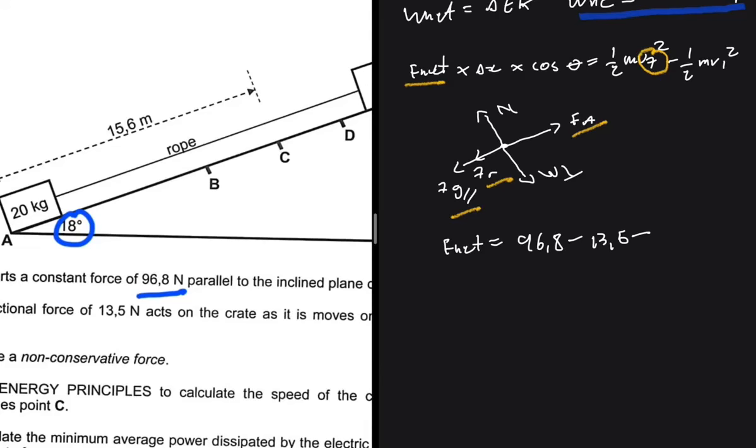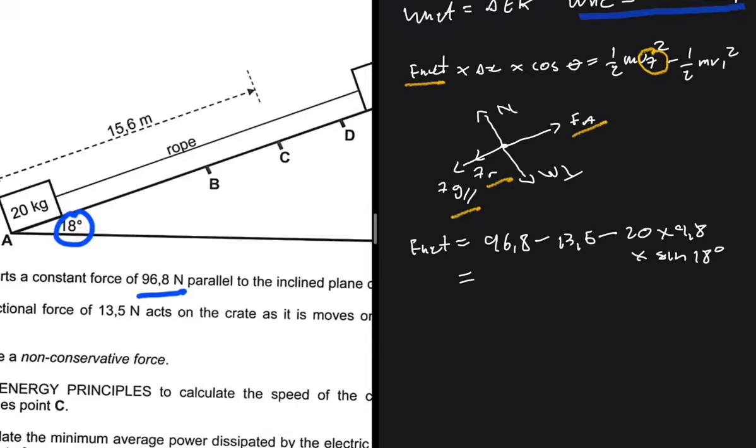If we substitute that in our equation, the mass is 20 kgs, the acceleration is 9.8, multiplied by sine of 18 degrees. If we put that in our calculator, then F net should be whatever we get there.